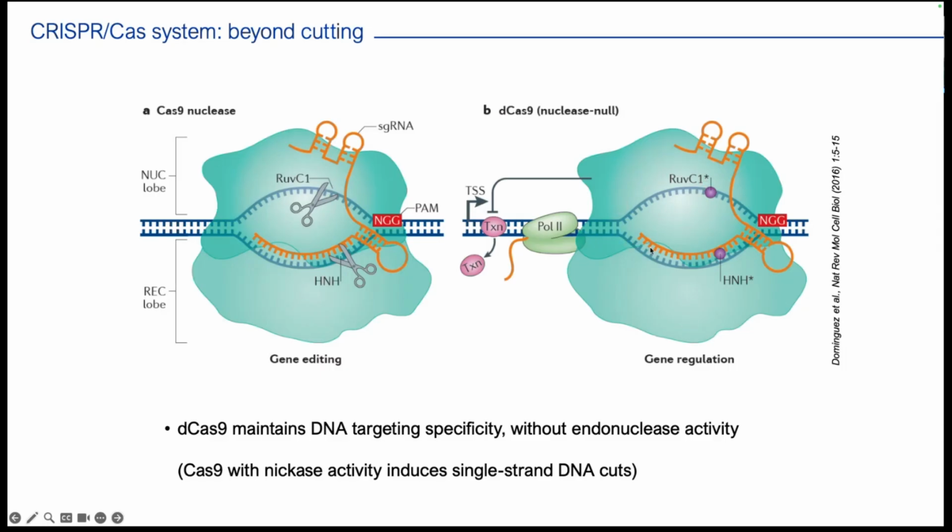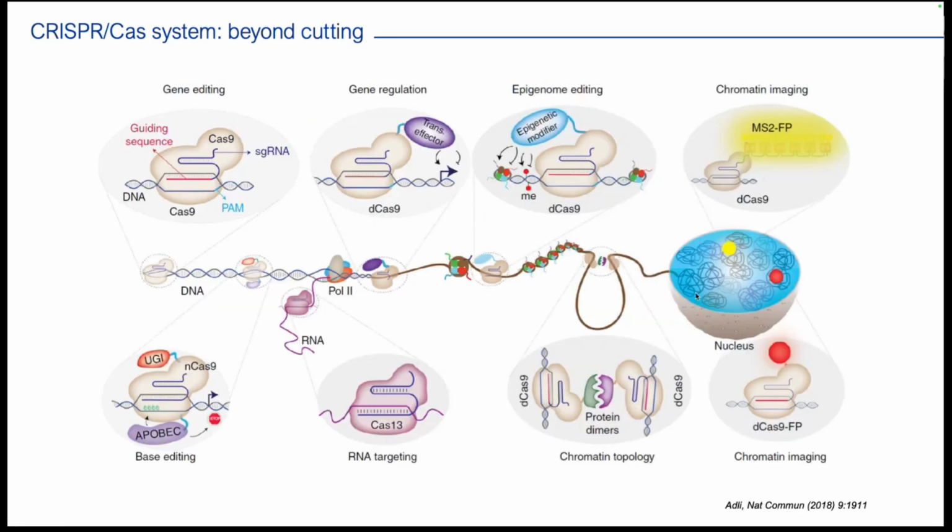And the good thing about this enzyme is that it retains the ability to target the DNA sequence by providing the RNA, but does not cut. And this has been a major advantage, because now we can use this dead Cas9 as a platform to tether other proteins and to bring these proteins to specific genomic locations in the genome.